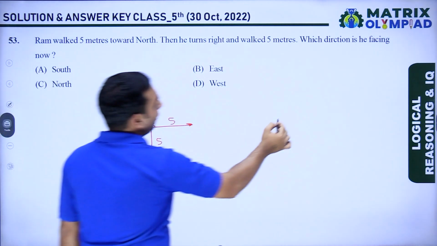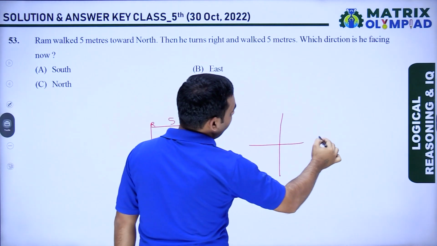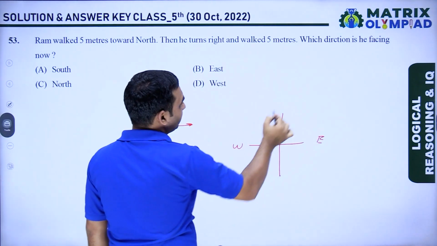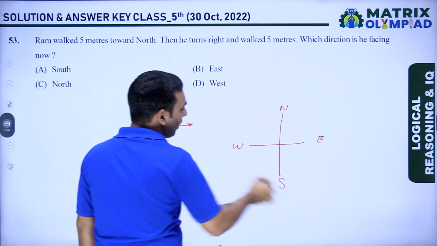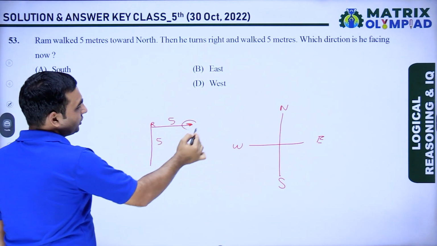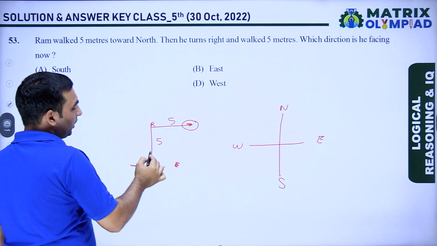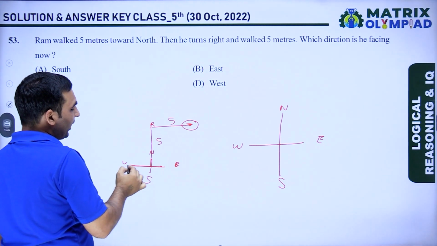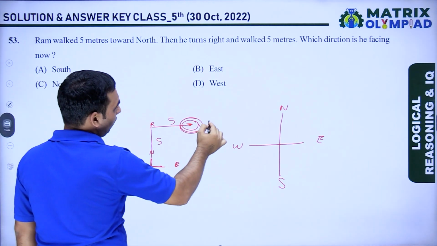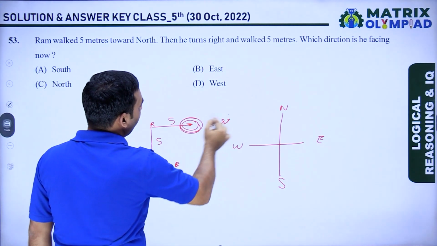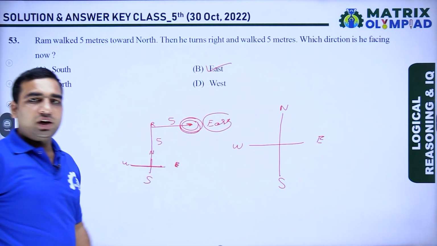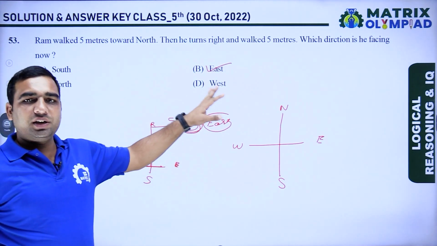If our directions are east, west, north and south, with this as the central point, then this direction is called east. As you see, our answer is option B, the correct answer, east.